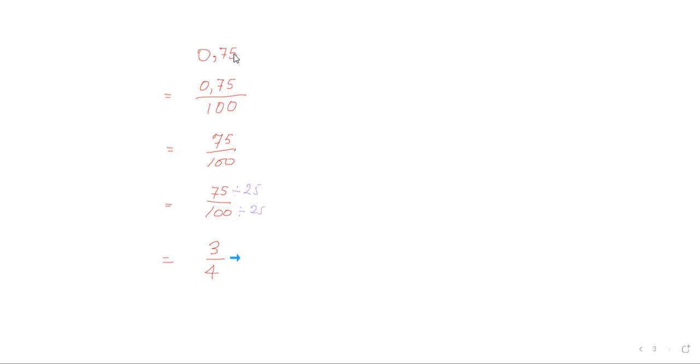So 0.75 is equal to 3/4 as the common fraction.